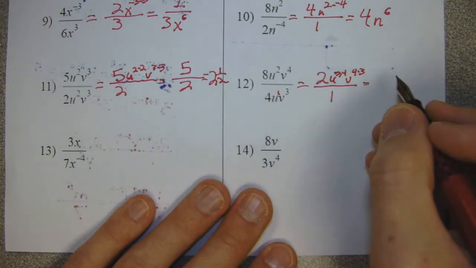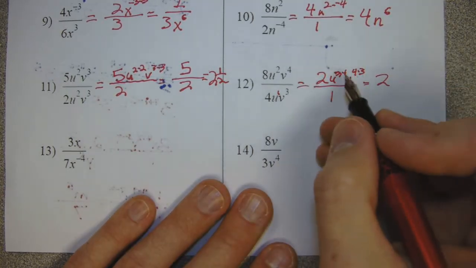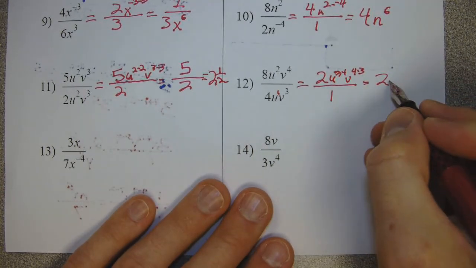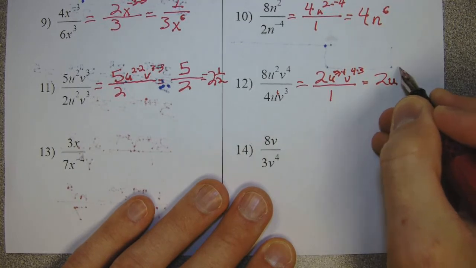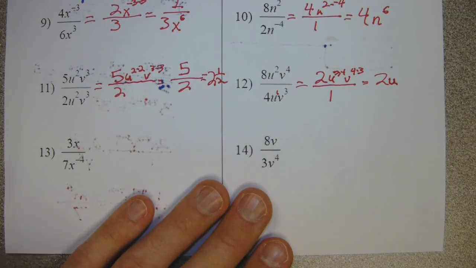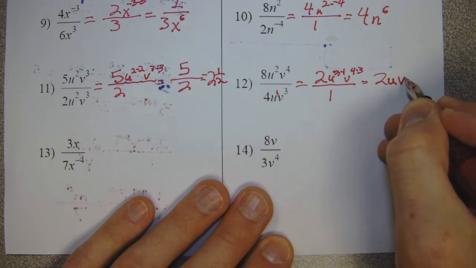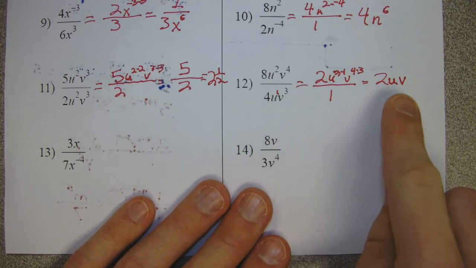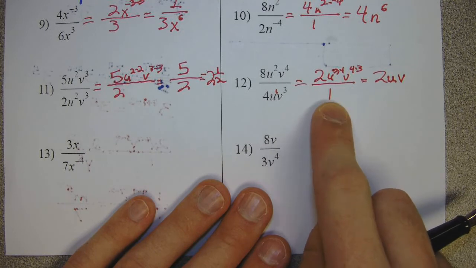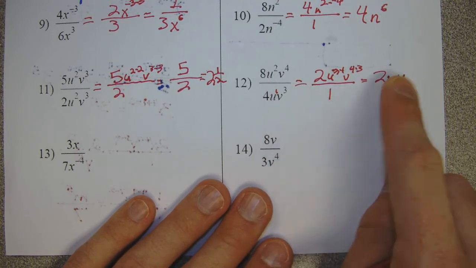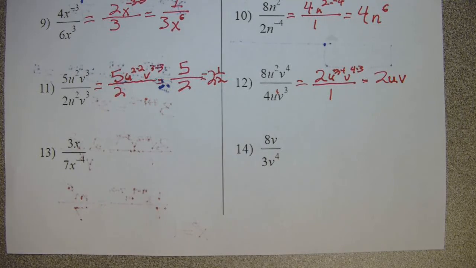So let's see here. The 2 stays. 2 subtract 1 is just 1. So I'm going to write it as just u, not u to the first. Again, we don't write powers of 1. And then 4 subtract 3 is also 1. Again, I'm not going to write a power of 1. That's silly. Since we don't have anything in the denominator other than 1, dividing by 1 is still silly. So we'll just write it as 2uv.